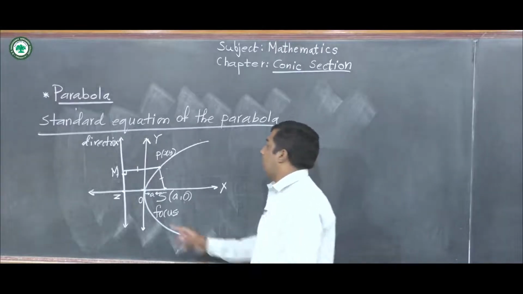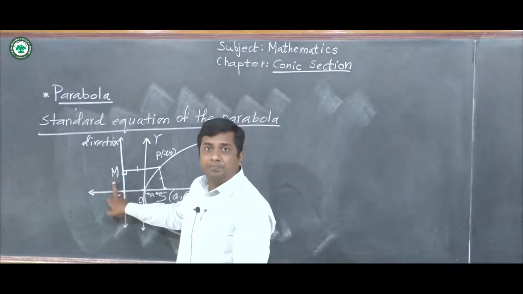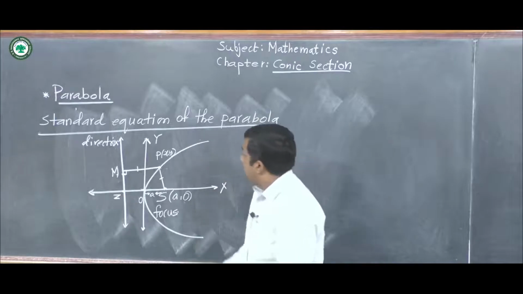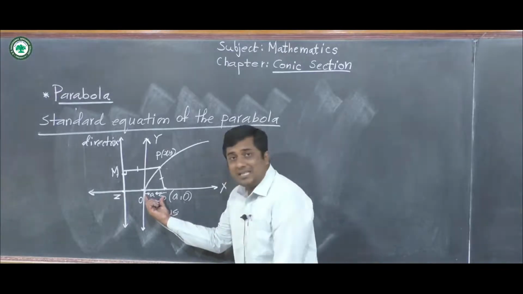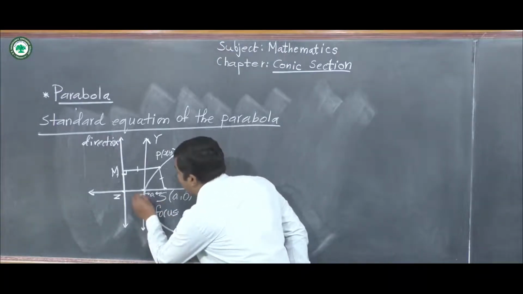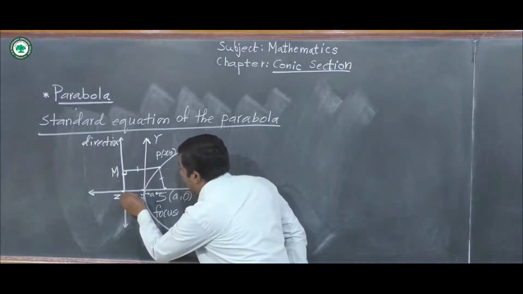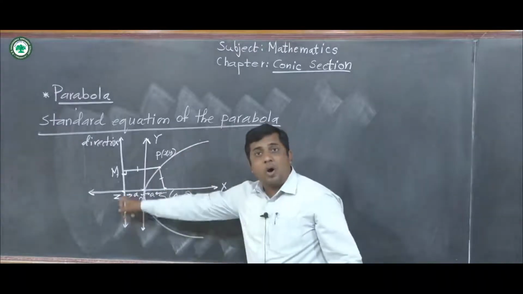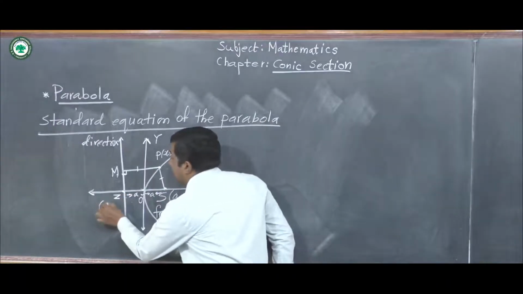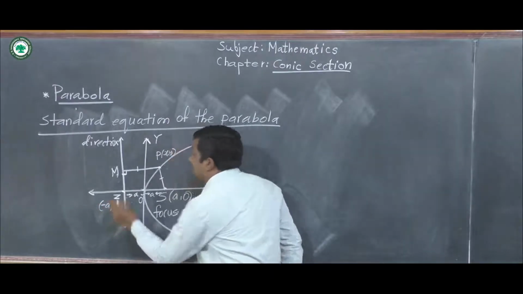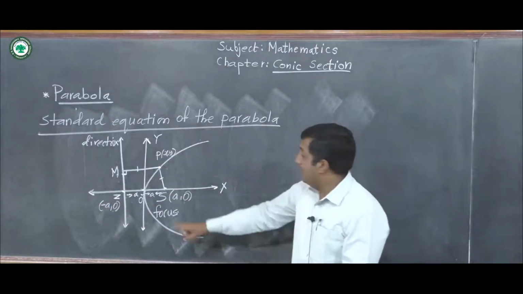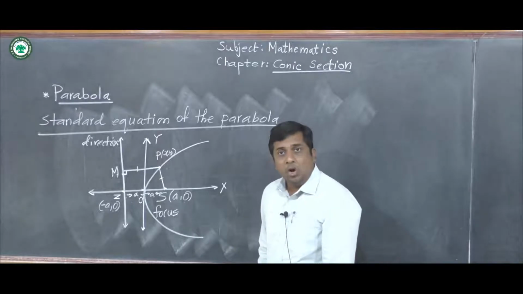Now we have to define coordinates of M. Remember, if this distance OS is a, then we consider this as a again. So coordinates of Z are (-a, 0).